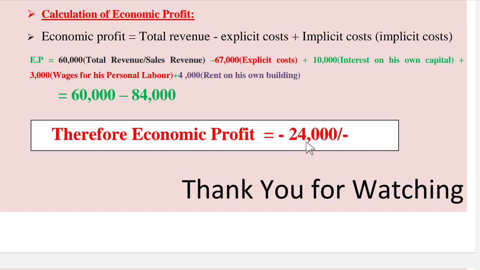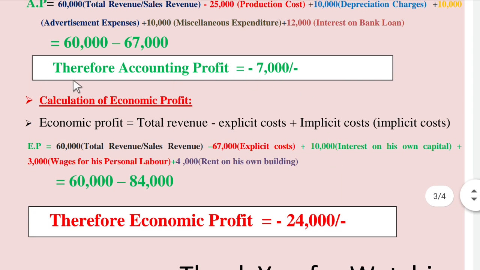So this is the difference between accounting profit and economic profit. An accountant says the firm is under loss of minus 7,000 crore rupees. But an economist says the firm is under loss of 24,000 crore rupees.